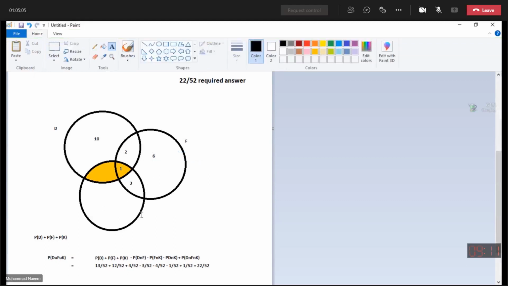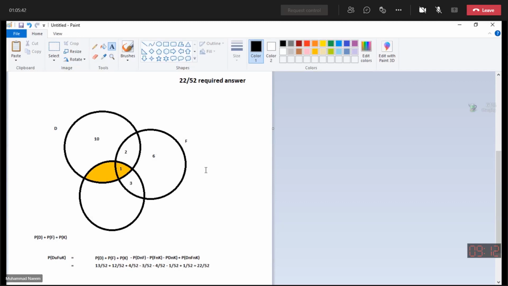In the category of kings, we have a total of 4 cards. Only 4 are the kings in total, and 4 are already in this portion. Now sum up all these numbers: 10, 2, 12, 1, 13, 13 and 6, 19, 19 and 3, 22.